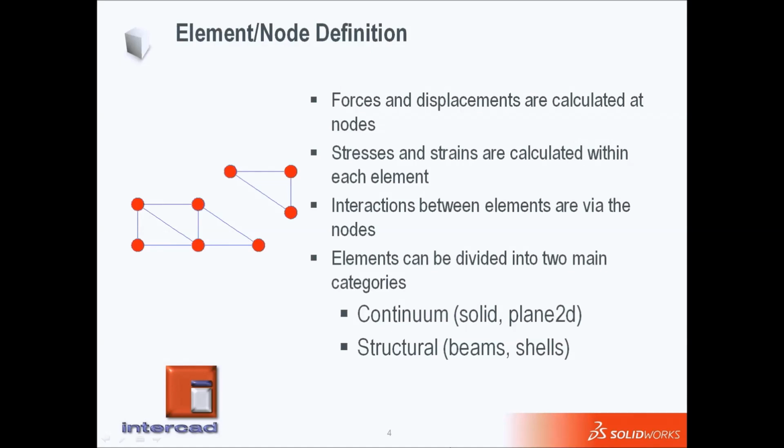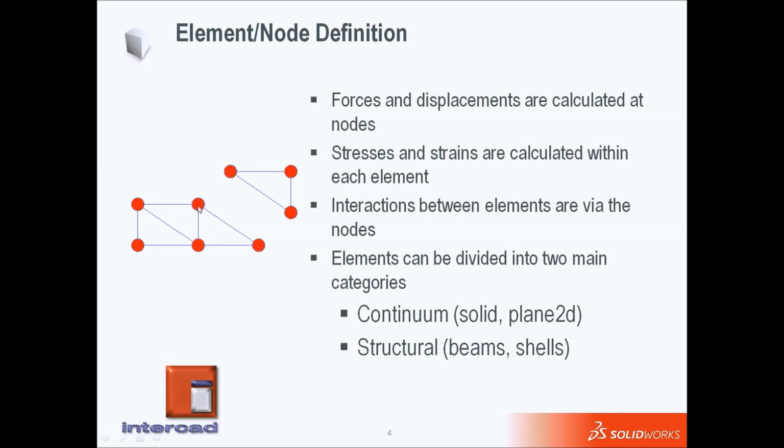As you can see in the picture, a single element consists of some dots and lines. Basically, nodes are these dots, and the connections between the nodes are called elements.